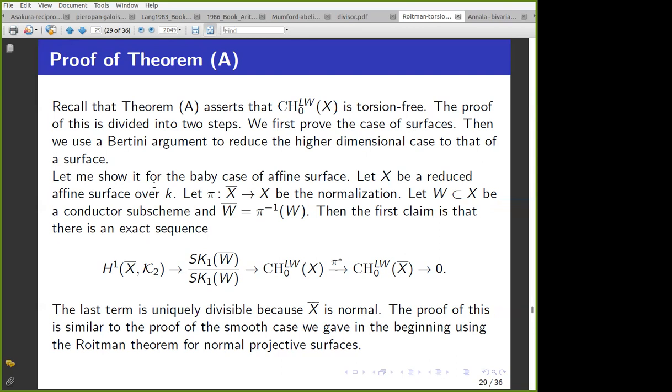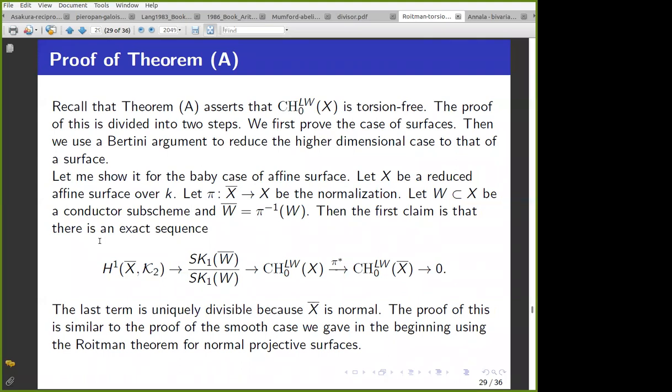So let me show it for the baby case of an affine surface. Let X be a reduced affine surface over K and let pi from X bar to X be the normalization map. Let W in X be the conductor scheme and W bar its scheme theoretic inverse image.